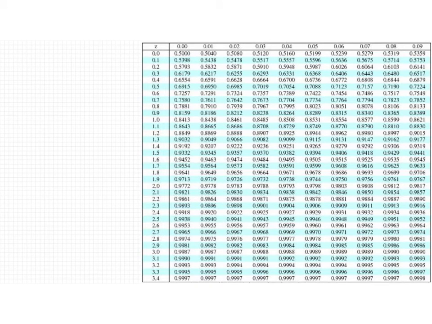The way this works is you go down the left column and find your first value. All right, so I get to 1.8. And then across the top is your second decimal. Well, we were 1.80, so we're going to be here at 00. And then we see where those meet.